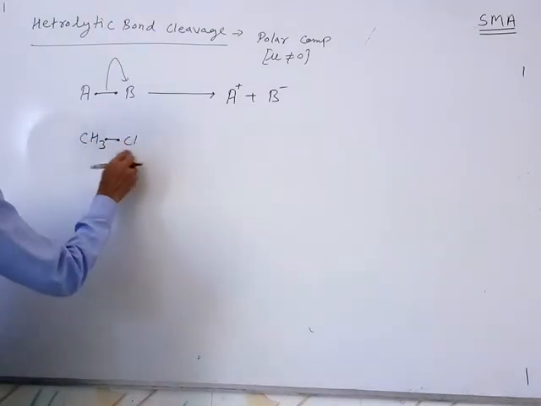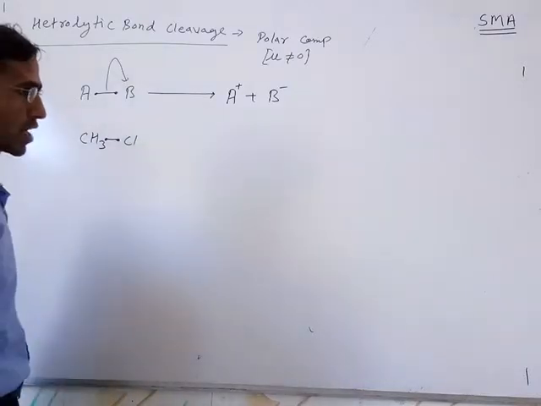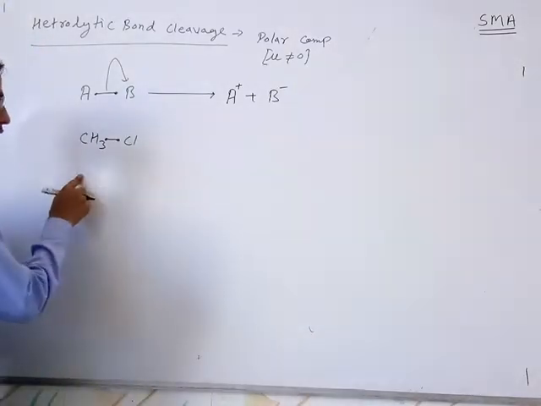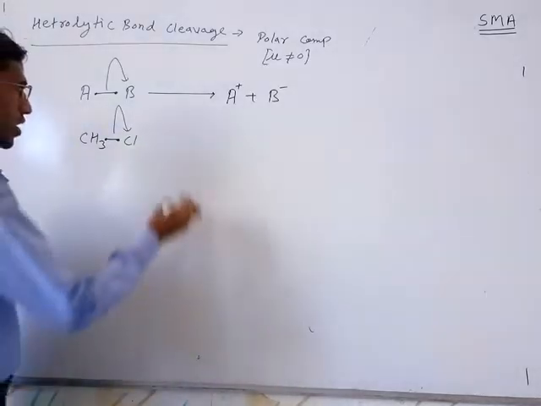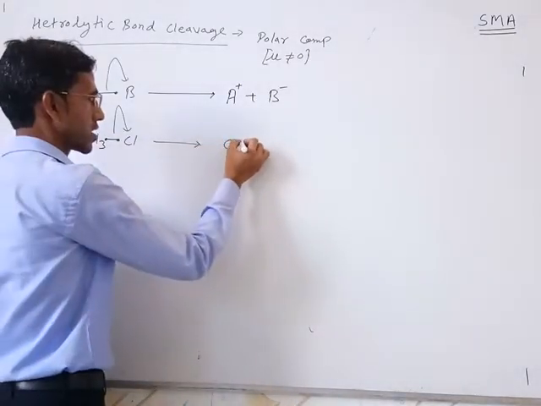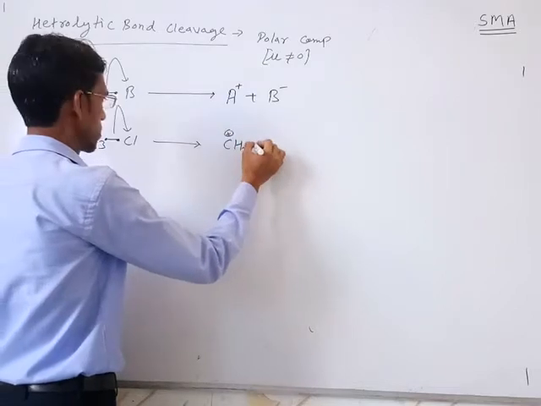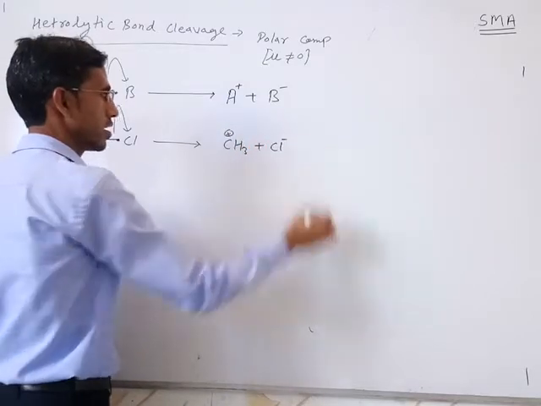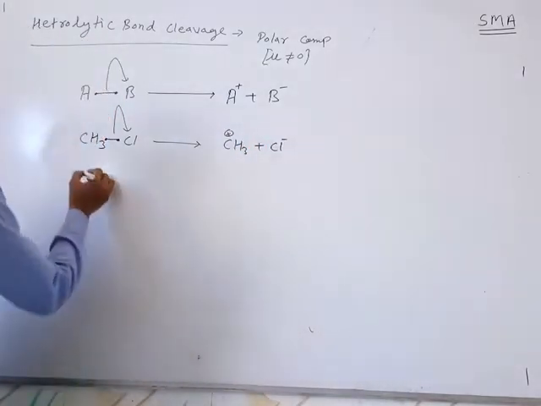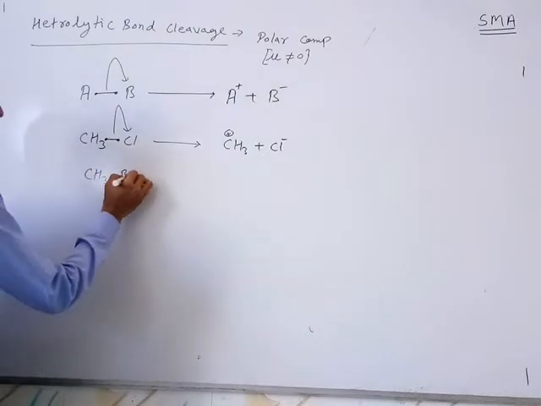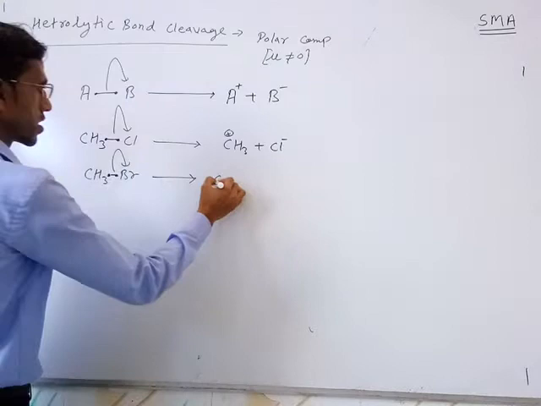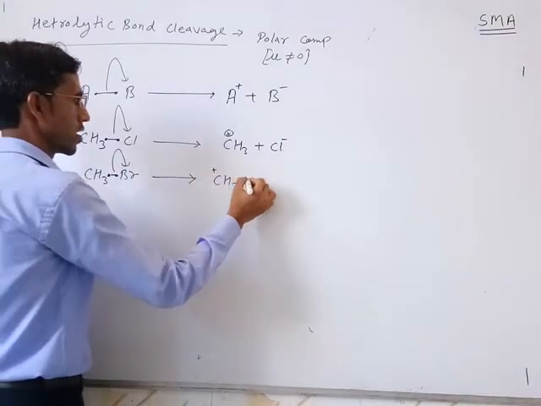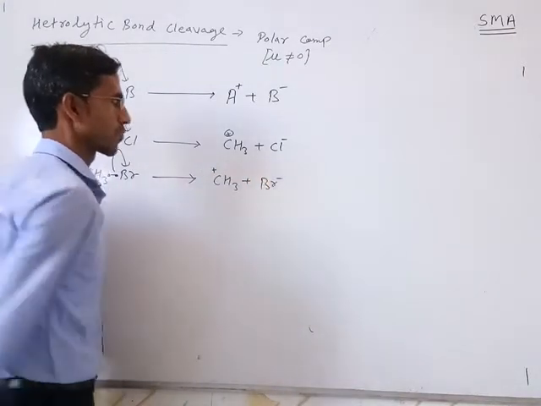We know chlorine is more electronegative than carbon. Both electrons are attracted by chlorine, and then CH3 gains a positive charge and Cl gains a negative charge. Other example, CH3Br: both electrons are attracted by Br, so CH3 gains a positive charge and Br gains a negative charge.